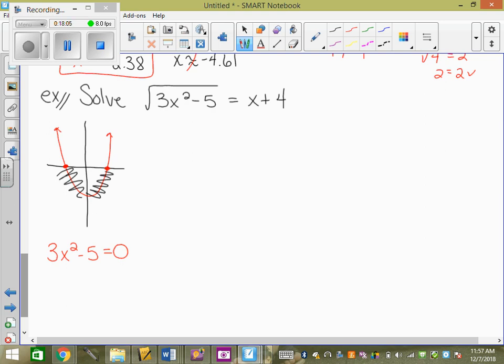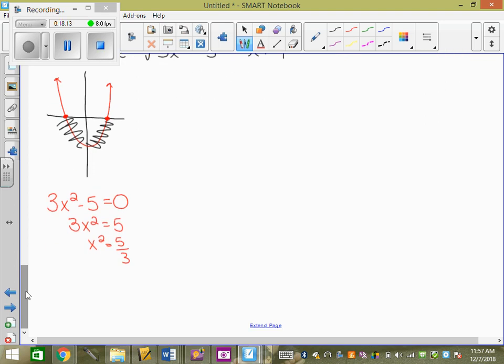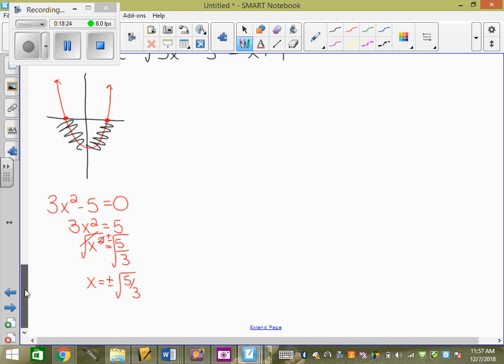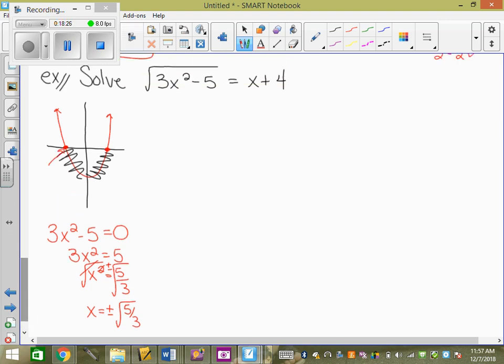So we're going to get 3x squared equals 5. X squared equals 5/3. Square root, what do we have to remember to do when we take the square root of something? Positive or negative. So we get x equals plus or minus root 5/3. So this here is negative root 5/3.